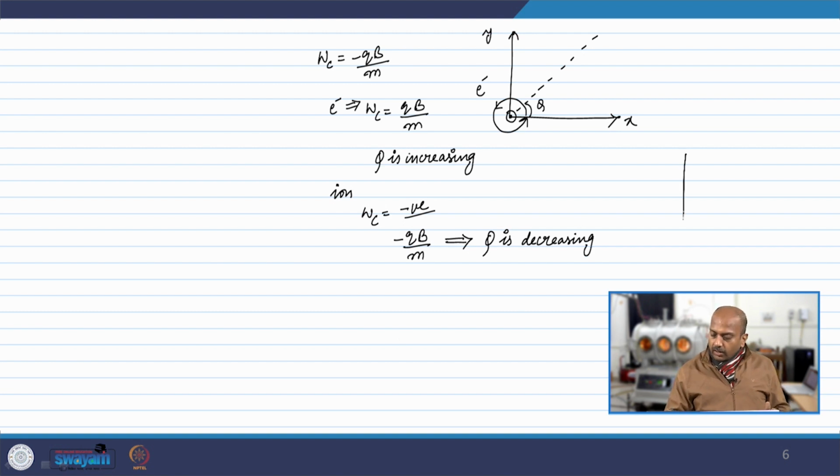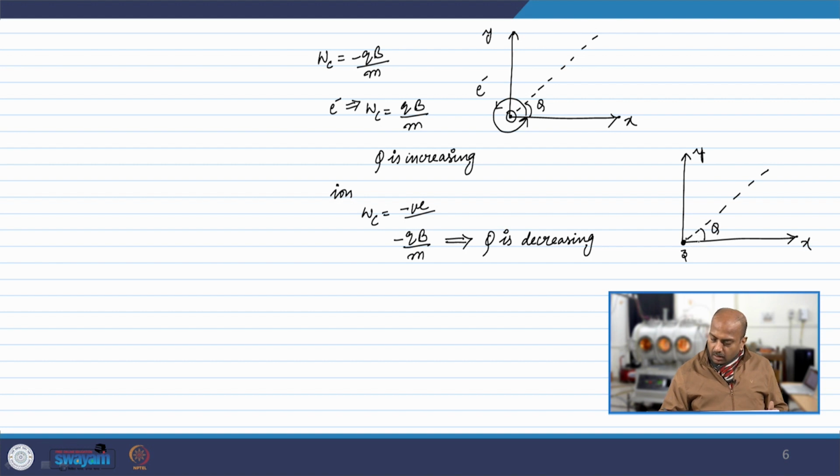So if I redraw the coordinate system, this becomes x, this is y, and this is z, right. Now let's say this is phi, right. So the ion will rotate such that the angle phi is decreasing.